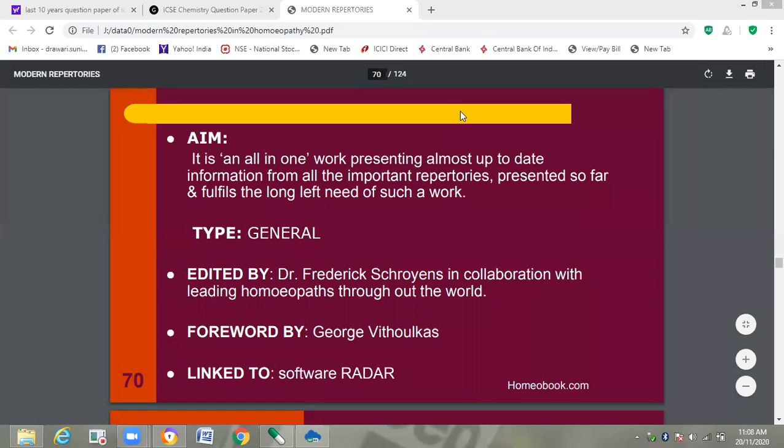Dr. Frederick Schroyens was from Belgium. He was born on January 12, 1953, in Belgium, and this repertory is nothing but the enlarged version of Kent repertory.